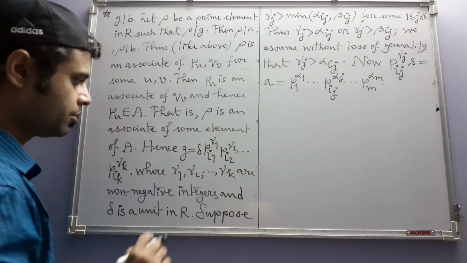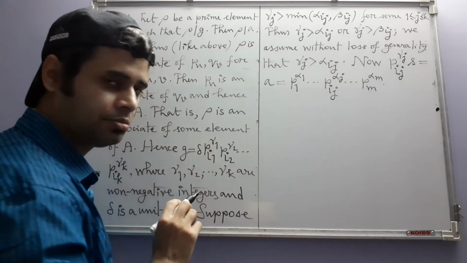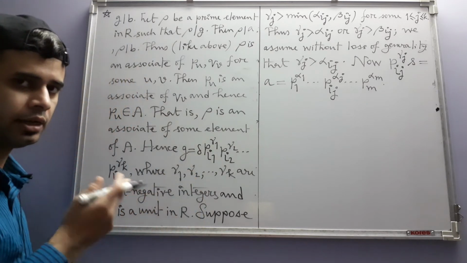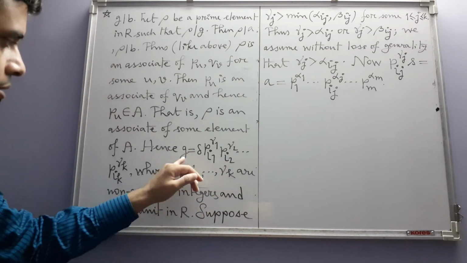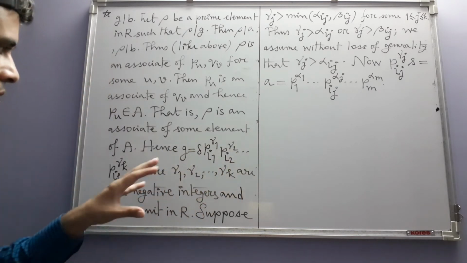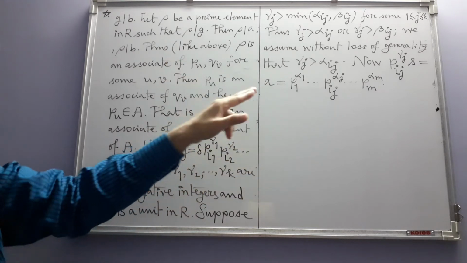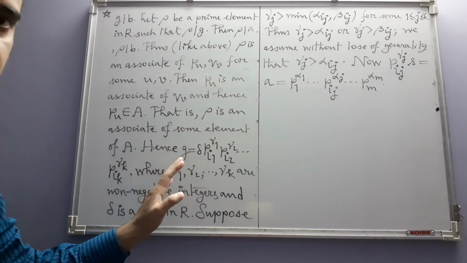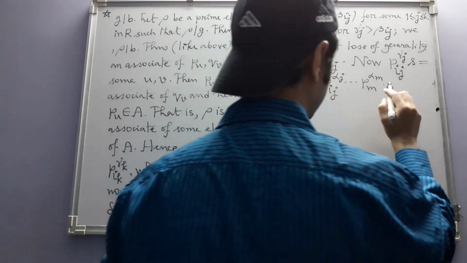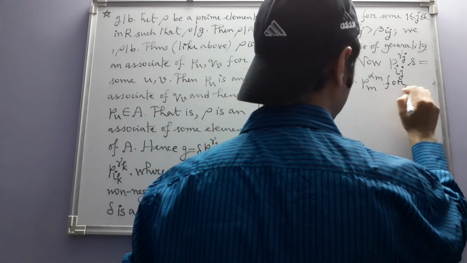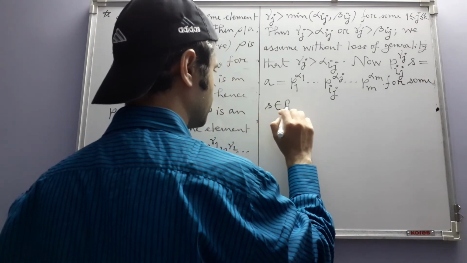That is true because originally we considered G to be an element that divides both A and B. Now since G divides A, and in G there is Pij to the power gamma j somewhere in its factorization, Pij to the power gamma j must divide A also. So that's how we are getting this for some element S belonging to R.